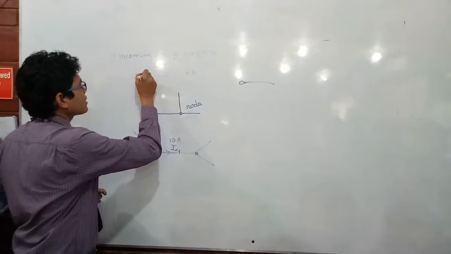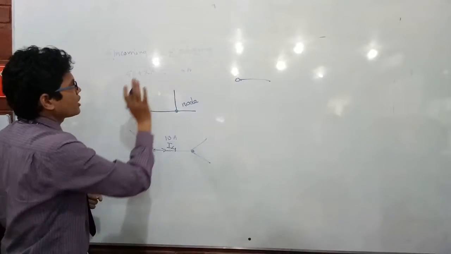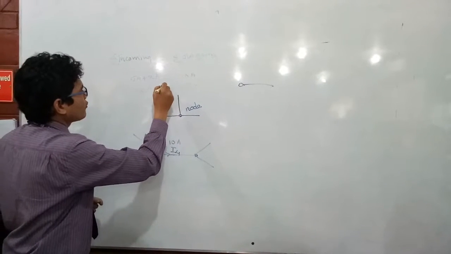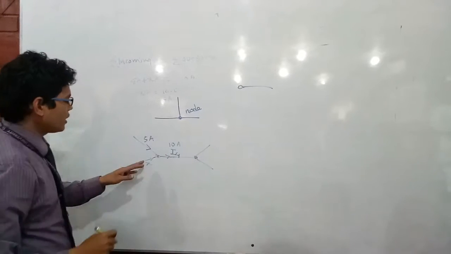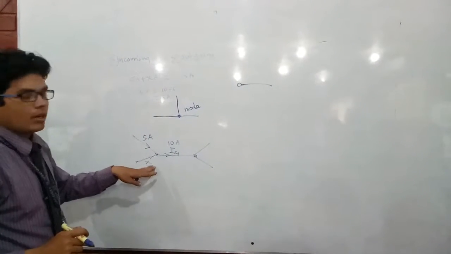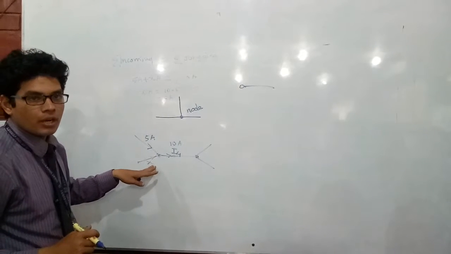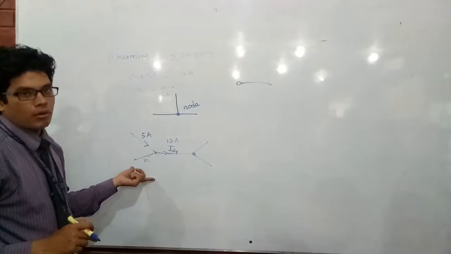So 5 ampere plus x ampere would be equal to 10 ampere. So x ampere is 10 minus 5, which results in 5 ampere. That is how we can find the unknown current at a node or a particular junction using this law.